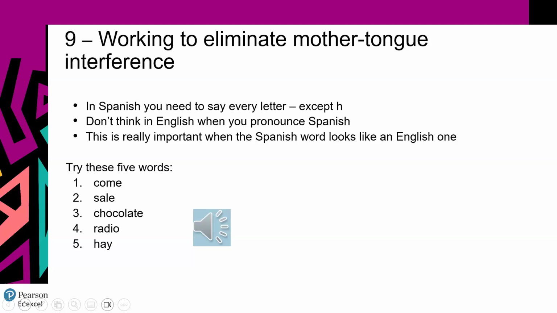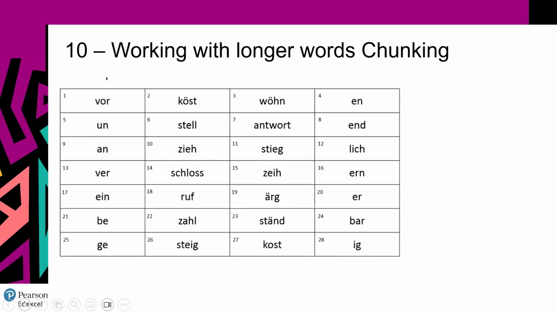Now, obviously remembering is something different, and whether they'll be able to, but the first step is to understand what the differences are. Come. Sale. Chocolate. Radio. Something like this.